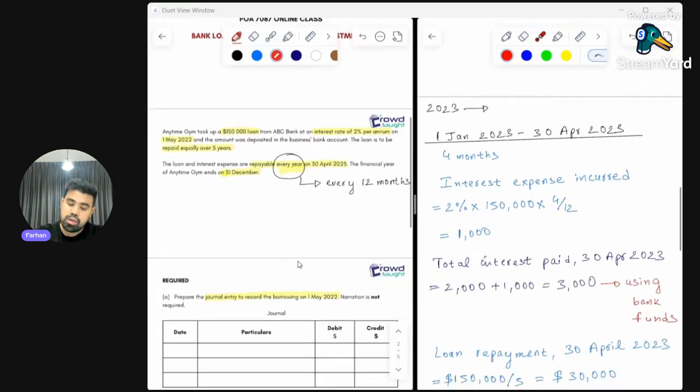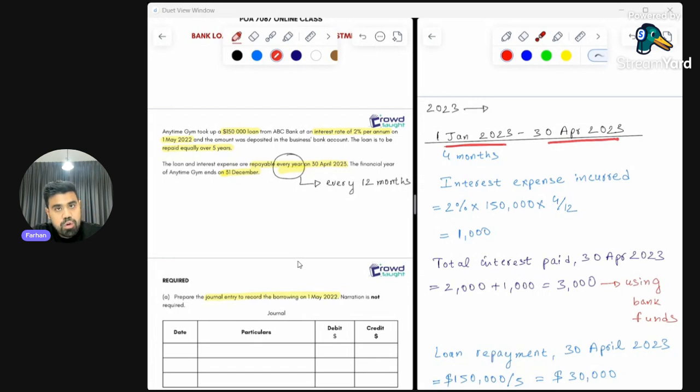Okay, so in the year 2023, which will start obviously on 1 Jan 2023 and end on 31 December 2023, we have multiple time frames that are involved. And we need to break these time frames and be careful with how we address this question. First of all, we want to look into the first 4 months starting 1 Jan 2023 and ending 30 April 2023.